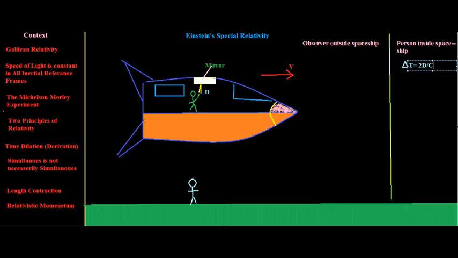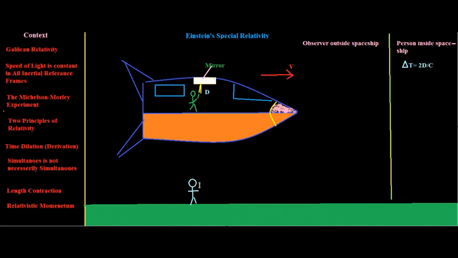And we also know that the speed of light doesn't change in any reference frame. So the total time for this event for the person inside the spaceship would be change in t equals 2d divided by c.